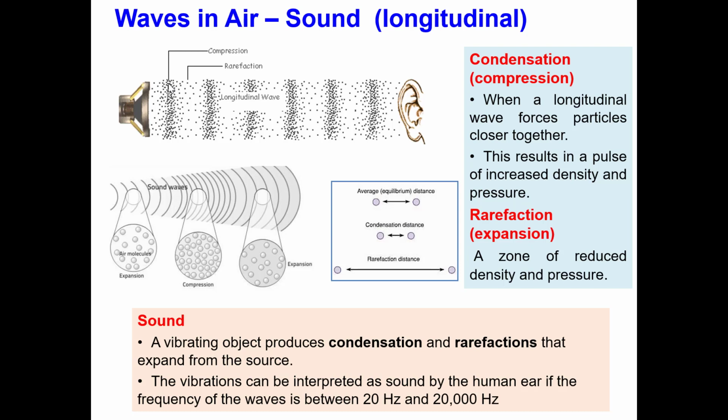But in the other regions where the molecules of the air are more separate, there is less density and less pressure. Then we can say sound is a vibrating object that produces condensation and rarefaction regions when traveling through the medium.